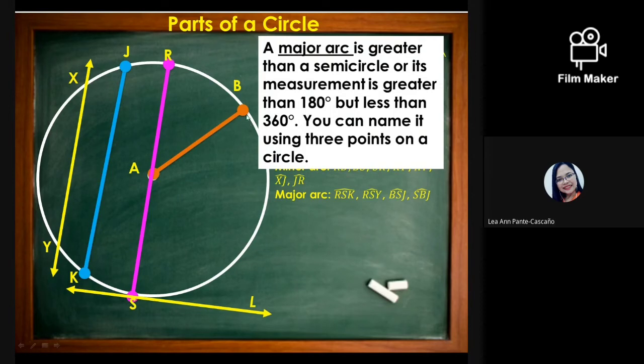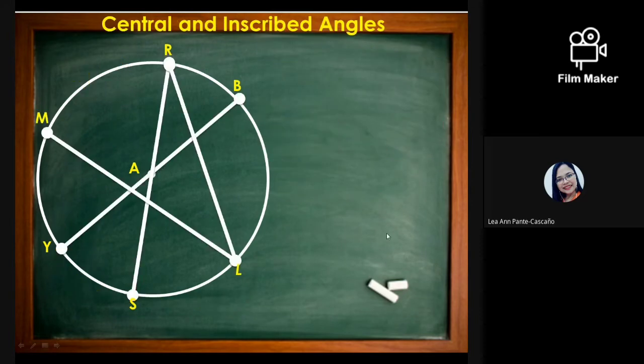Pwede naman daw pong S, B, J. Okay, so that is major arc. At marami pang major arc na pwede dyan. Pwedeng S, X, B. Okay, so maraming major arc na pwede kayong ma-identify sa ating figure. Ito ay mga example lang.